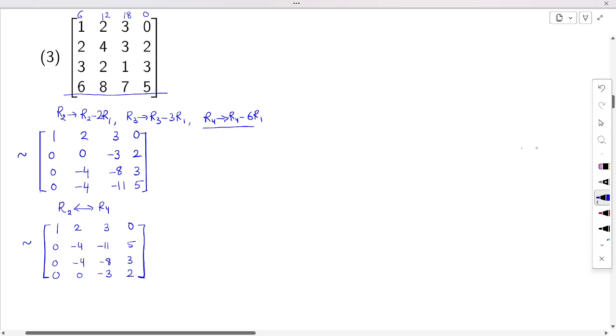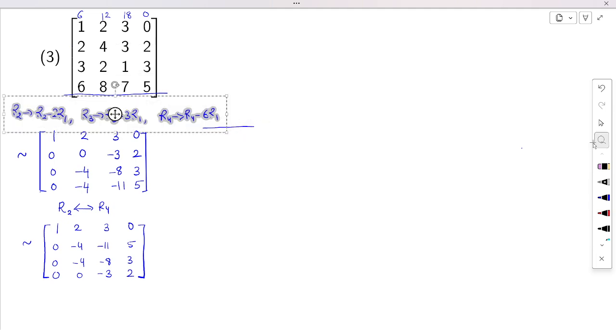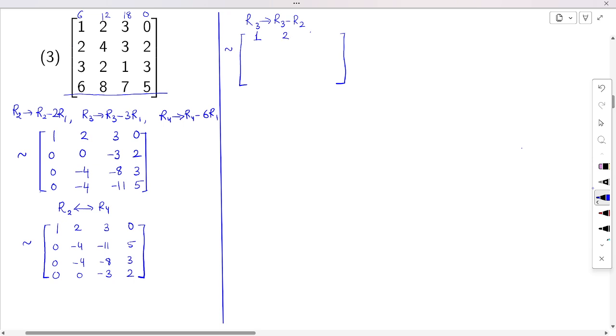Now subtract row 2 from row 3. So 1, 2, 3, 0 stays, and row 2 is 0, minus 4, minus 11, 5.